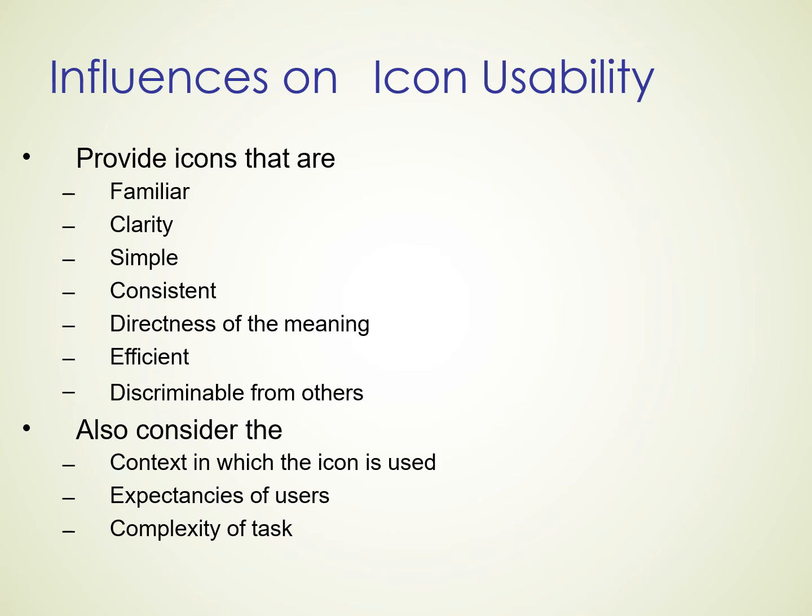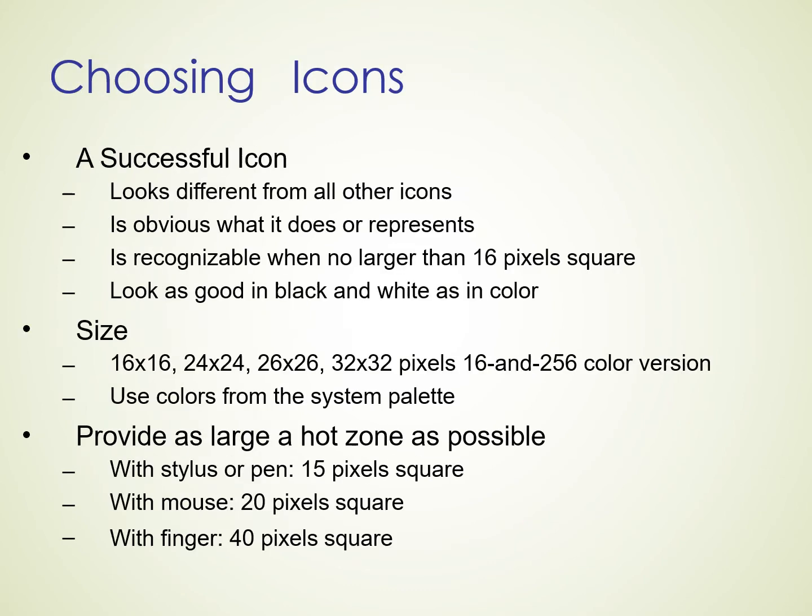Okay, so that's why it should be simple, it should be clear, and it should be familiar as well. And also you have to consider the context in which the icons are used, and the expectancy of the users, and whether the task that is being performed is complex or not.